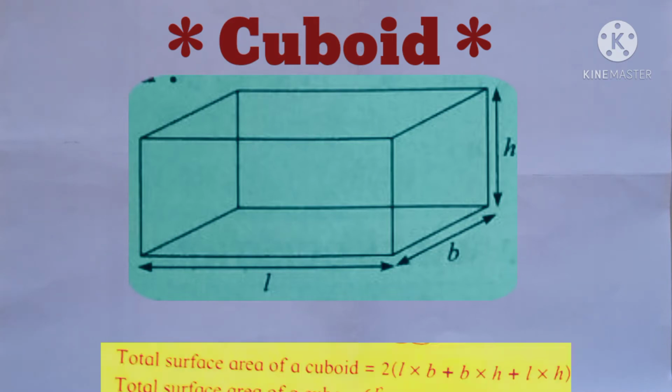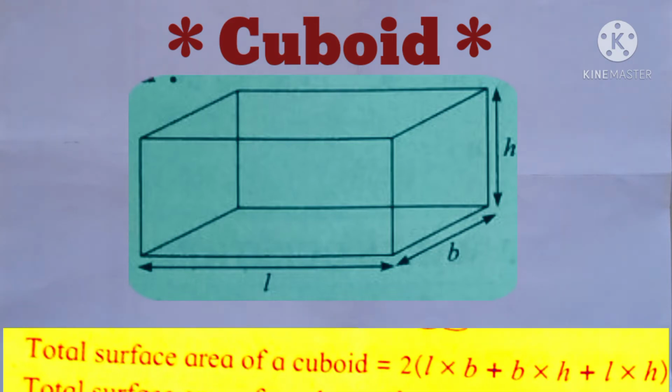So total surface area of cuboid is equal to 2 into bracket length into breadth plus breadth into height plus length into height, and the bracket is complete. Got it, students? Please write and learn everything properly.